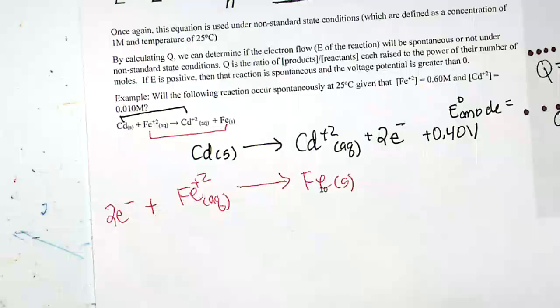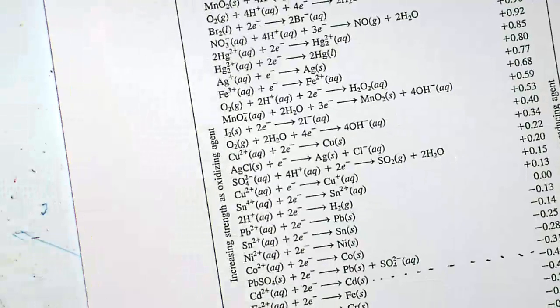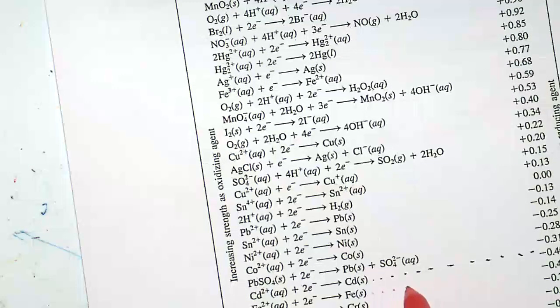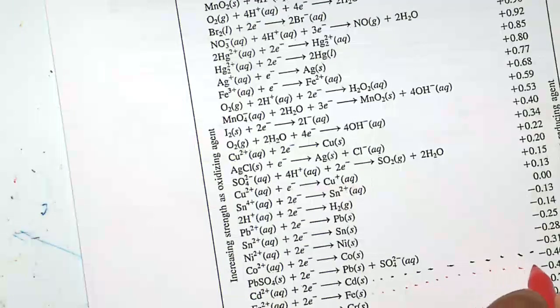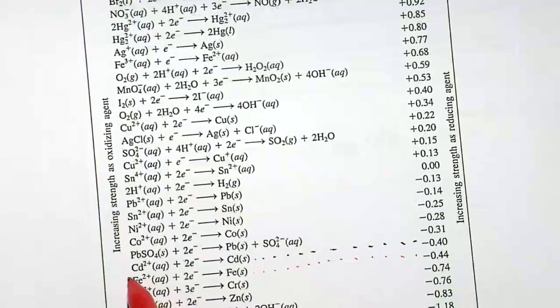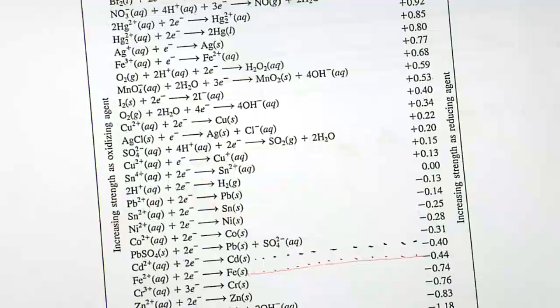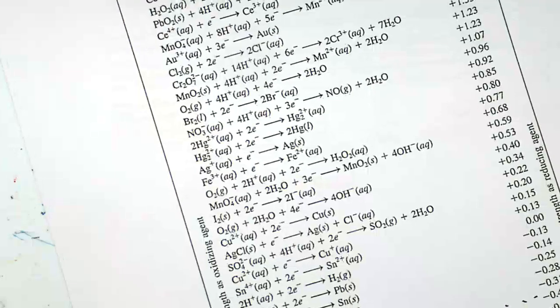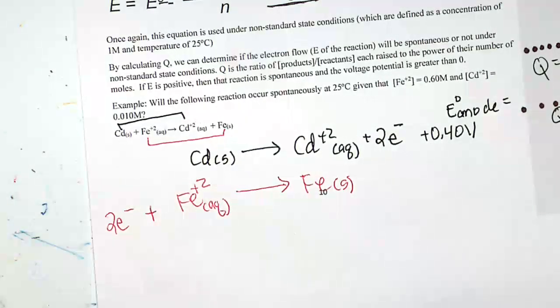And let's go ahead and find what this is. I can see it already. You guys see this as negative 0.44 volts.